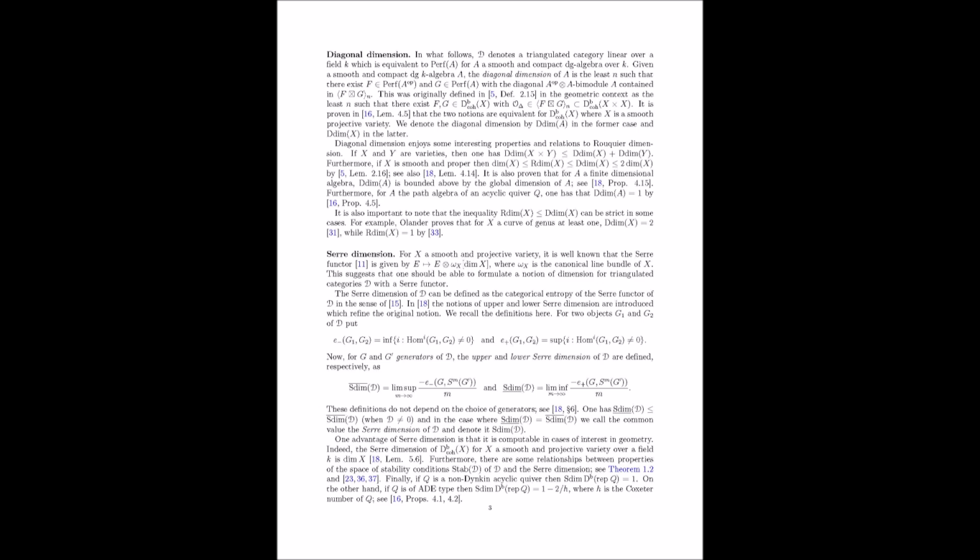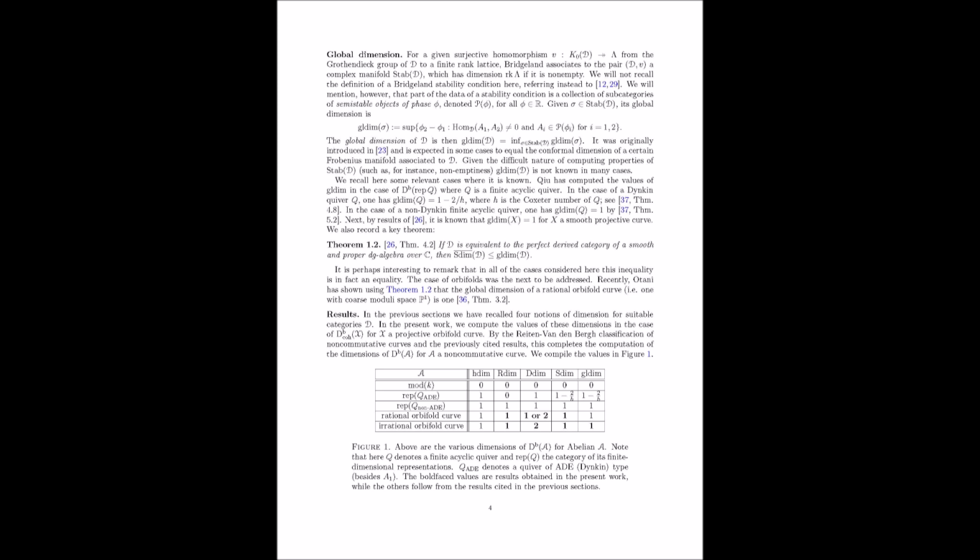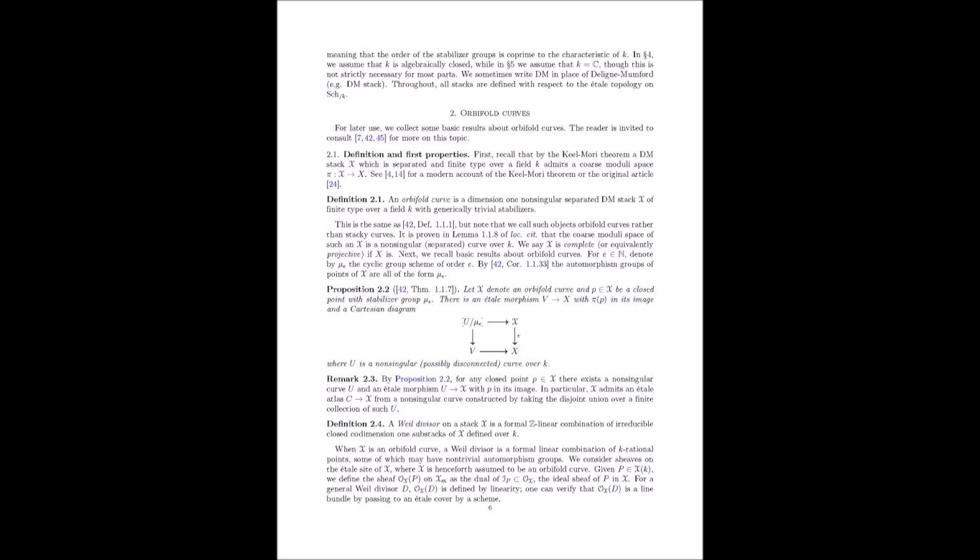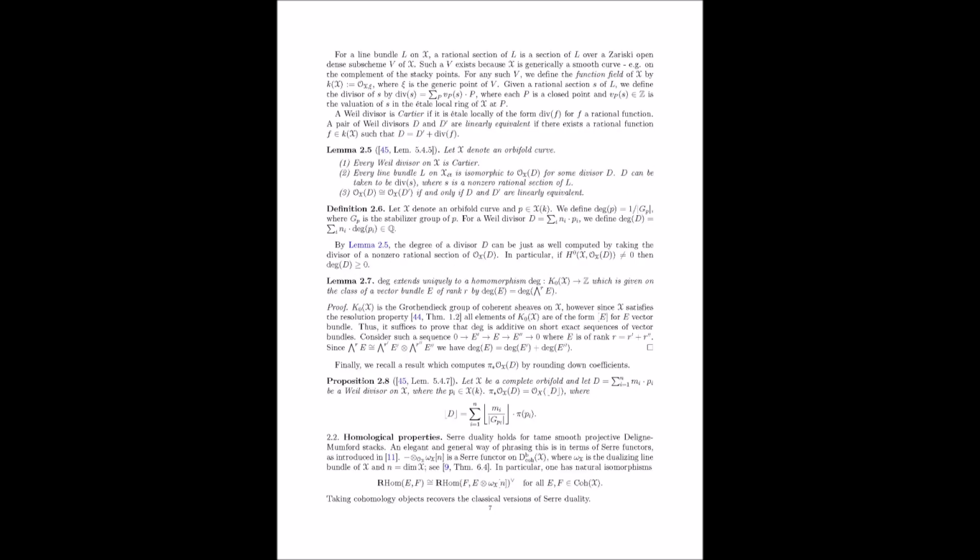Precisely. And the proof uses this thing called the Chen-Ruan cohomology of the orbifold curve. This cohomology takes into account information about the stabilizers of points. It's like an enhanced version of the usual cohomology that captures the stacky nature of the orbifold curve. They use this enriched cohomology to define a charge lattice and construct stability conditions with a specific central charge that interacts with the Serre functor in a really controlled way.